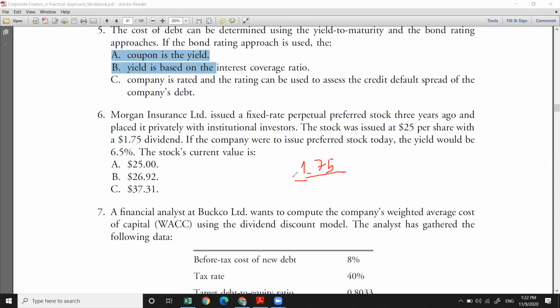That will give you the price of the stock, 0.065. And the price will be equal to 26.92. So its answer will be B.